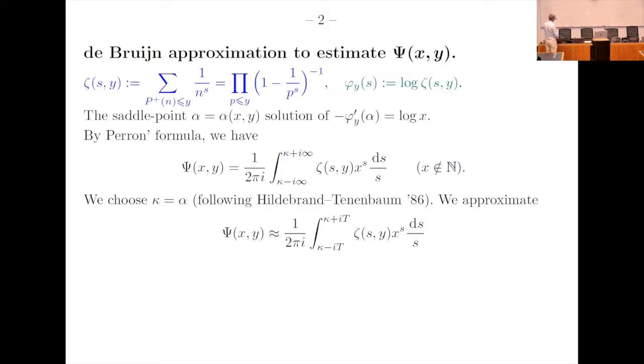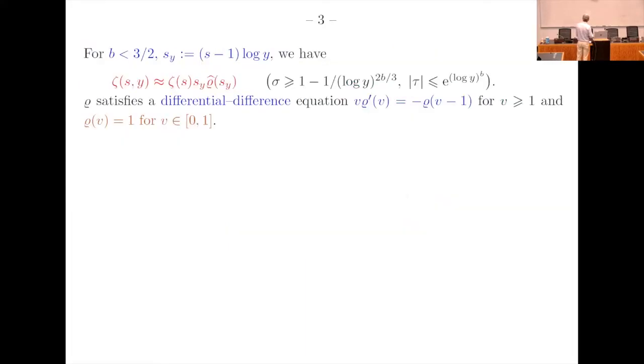So the integral can be approximated by this integral, with a low ordinate, when you have alpha plus i tau, for example, with tau not too big.